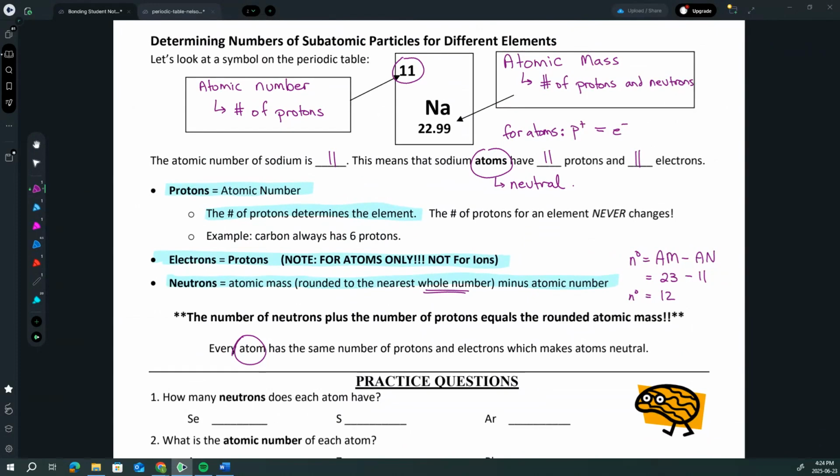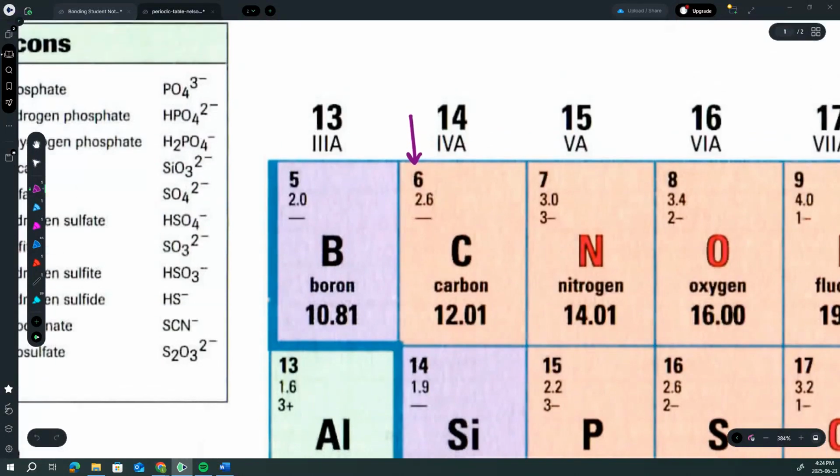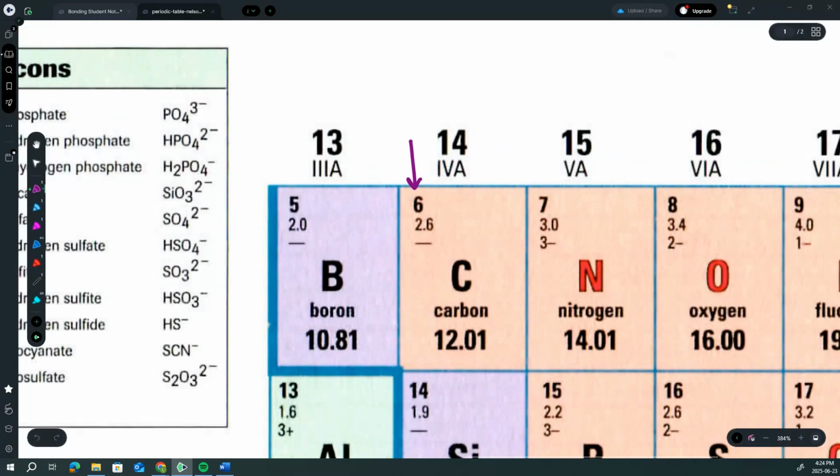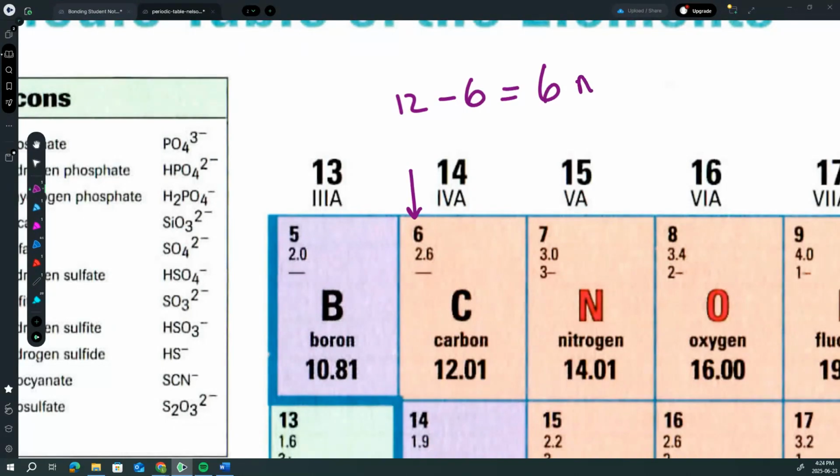And you can do this for every element that you see in your periodic table. For example, if we wanted to figure out how many neutrons an atom of carbon has, we would take our atomic mass, round it to the nearest whole number, so that would be 12, and subtract the atomic number, 6. Well, 12 minus 6, that's going to be 6 neutrons.